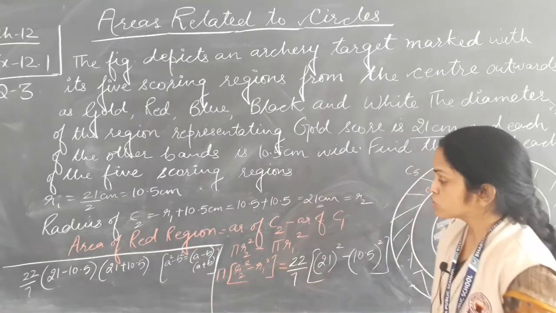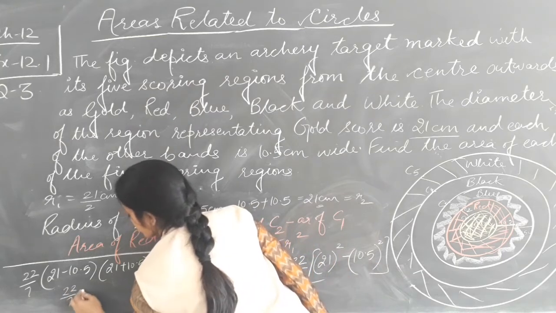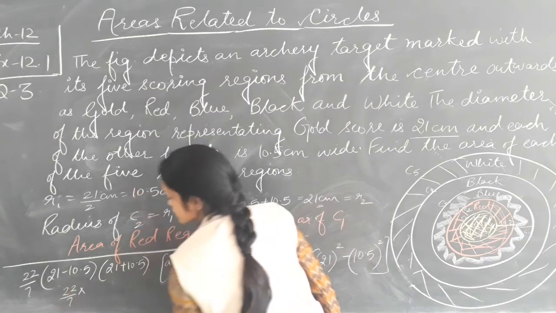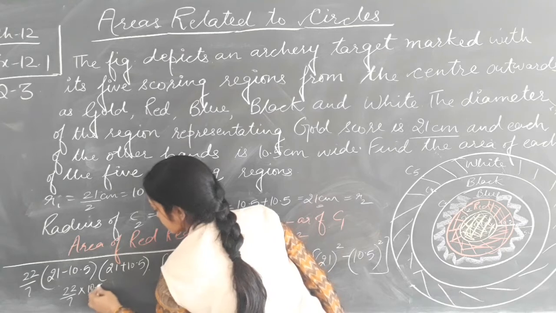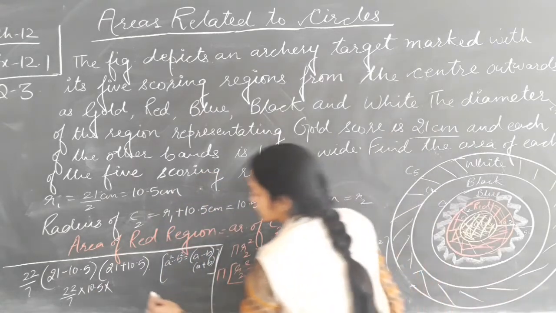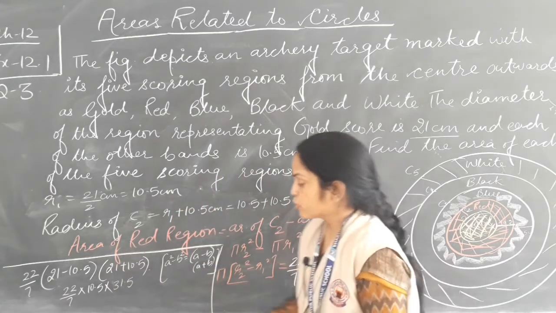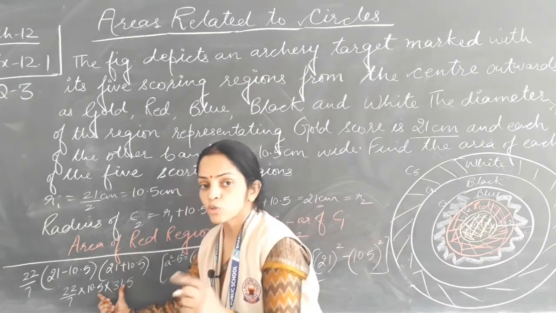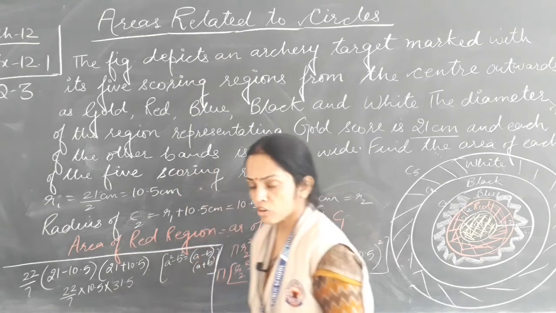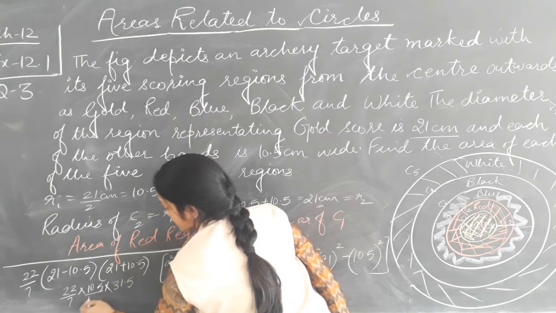Okay, now solve it. So we will get 22 upon 7 multiplied by 21 minus 10.5, which gives 10.5, multiplied by 21 plus 10.5, which gives 31.5. Now solve it. If you want to remove the decimal and put 10 in the denominator, that is your wish, it is up to you. I am removing only this decimal and keeping 10 in the denominator.